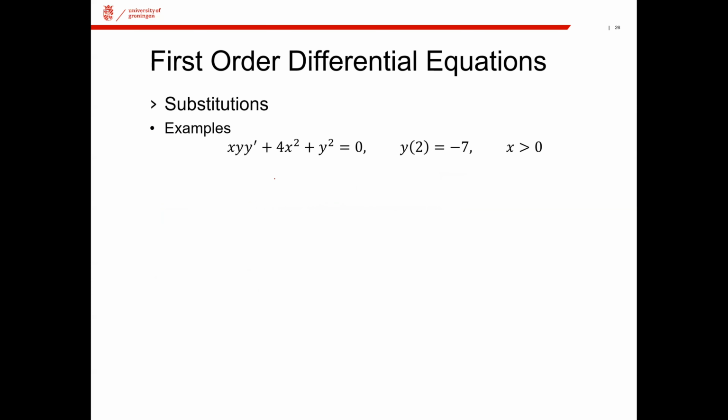So here, y prime plus 4x squared plus y squared equals 0. And the initial condition is when x equals 2, y equals minus 7, and x will be positive. So the first step is to divide x squared on both sides, and then we will have the function of y divided by x.